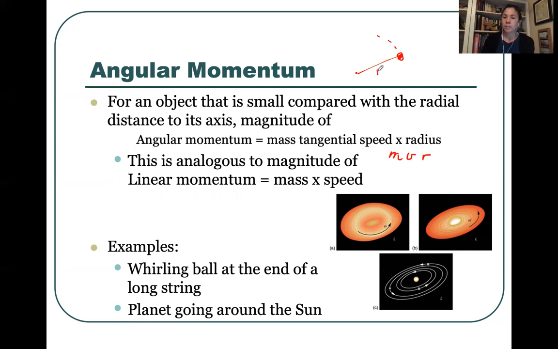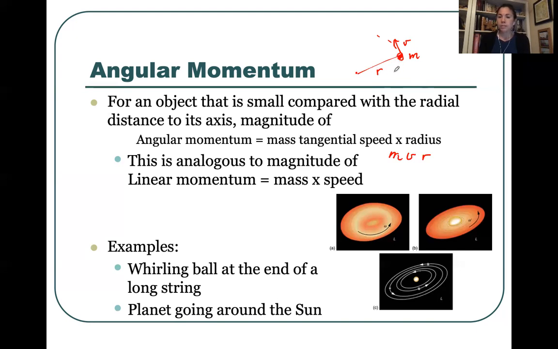Here, the radius would be r, this would be m, and it would be moving at a speed v. In this case, the rotational inertia is simplified.